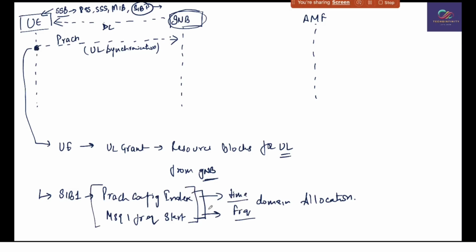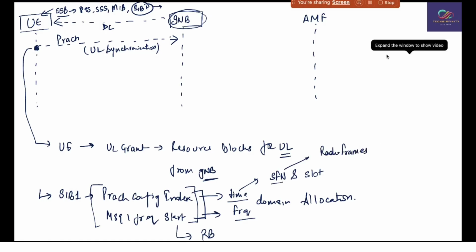This will give you the resource blocks, and this one will give you the system frame number and the slot. System frame number talks about your radio frames. In time domain we talk from the radio frame point of view.